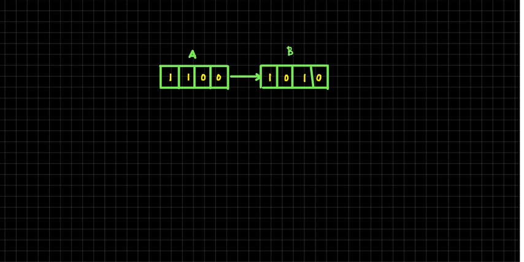Assume that there are some values in these registers. Let the values be 1100 and 1010. After 4 clock cycles, I want this to be copied here, the complete thing. So this B should also have 1100. That is what I want. Do it in Verilog. Did you get the problem? And what should be the rest of the values here? You may retain the values or you may make them zeros.